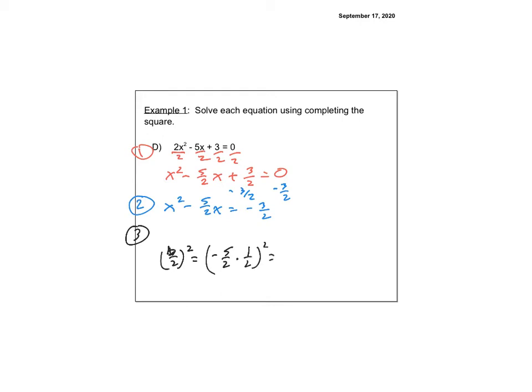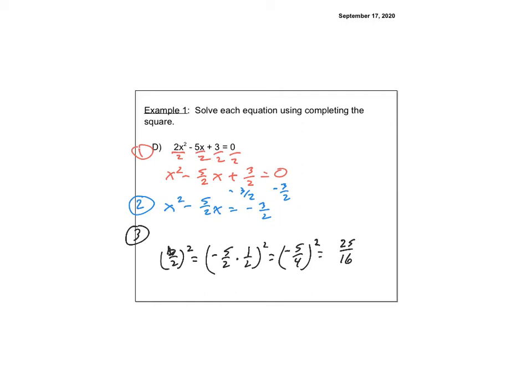It's the same thing. Dividing by 2 is the same thing as multiplying by the reciprocal of 2 over 1, which is 1/2. So if I do that, I get a negative 5/4 squared, which gives me a 25/16. So my b divided by 2 squared that I'm going to add to both sides is 25/16.